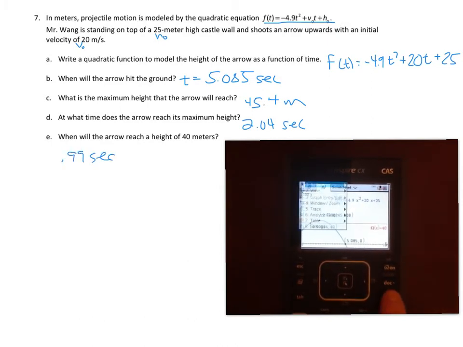And then I do the same thing again, analyze graph, intersection, and I click to the left of it, click to the right of it, and I'm going to move it because we can't read it. And it reaches a height of 40 at 3.09 seconds.